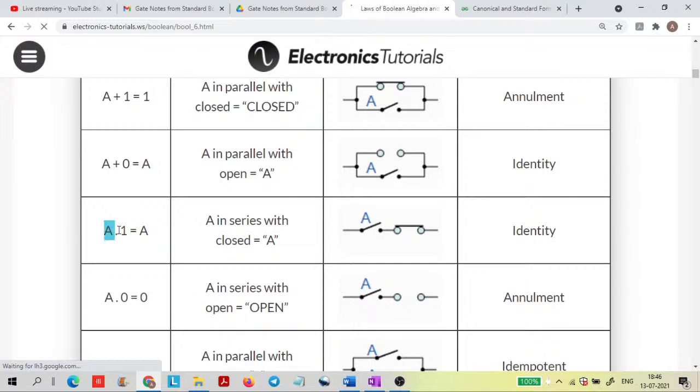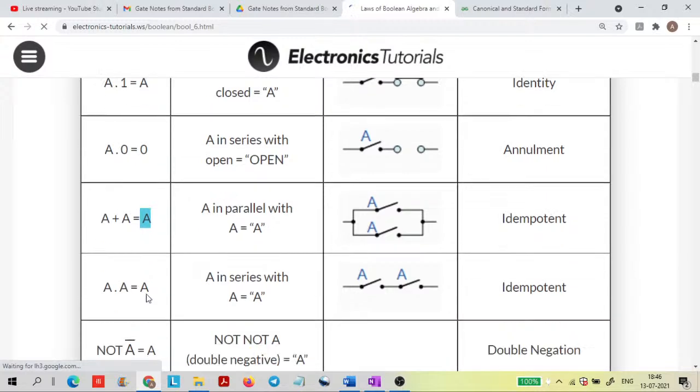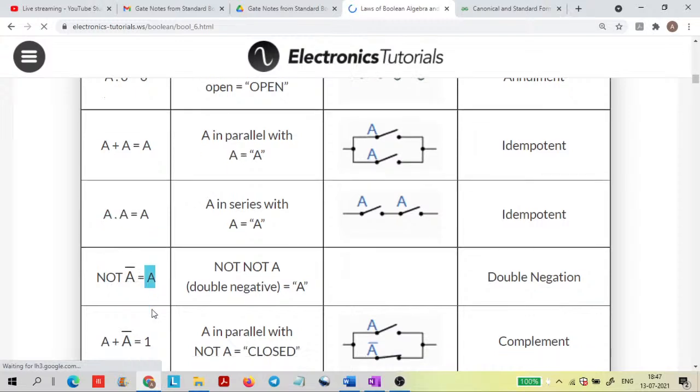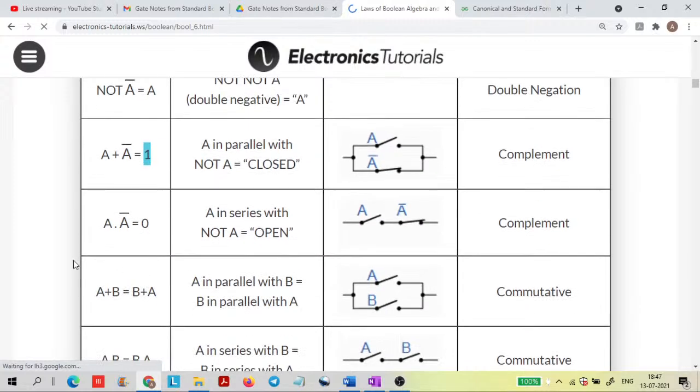Then A into 1 is A, A into 0 is 0, A plus A is A, and the complement of the complement of A is A. This is the complement law: A plus A bar is equal to 1, and A into A bar is equal to 0. We need to use these laws.